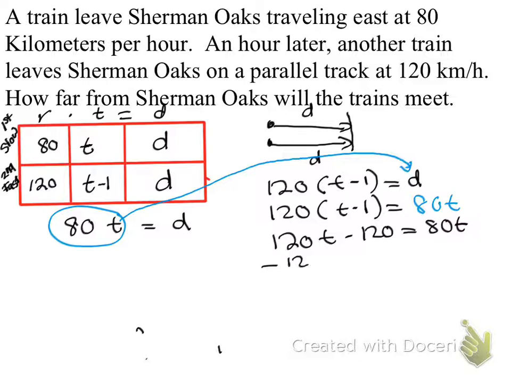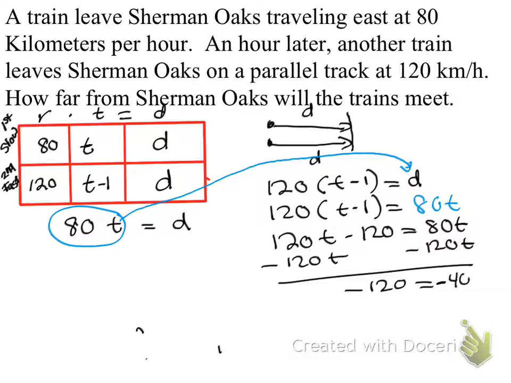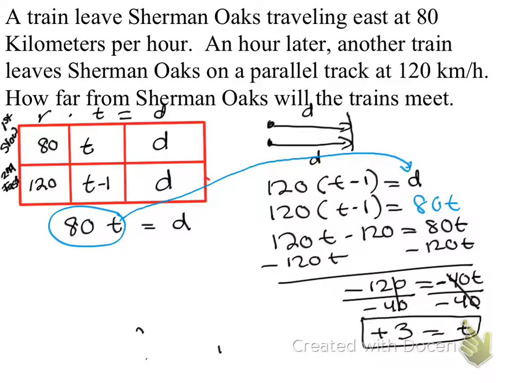I'm subtracting 120T, I'm subtracting 120T. Negative 120 equals negative 40T. Is that right? Yep. Divide by negative 40. T equals positive 3. And it better be positive 3 because we can't have negative time.